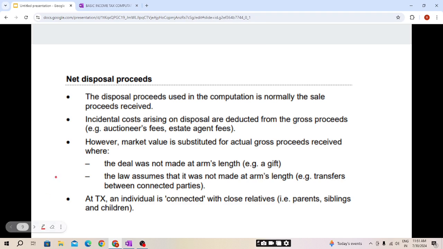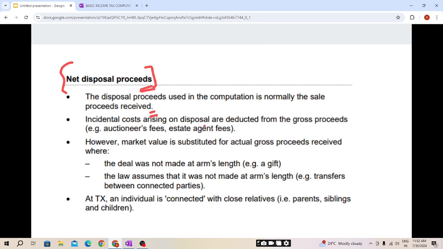Now we will be covering in detail the net disposal proceeds. For the calculation of net disposal proceeds, what are the important points we need to consider? The disposal proceeds used in the computation is normally the sale proceeds. The sale proceeds which we receive by selling the asset will be the disposal proceeds.